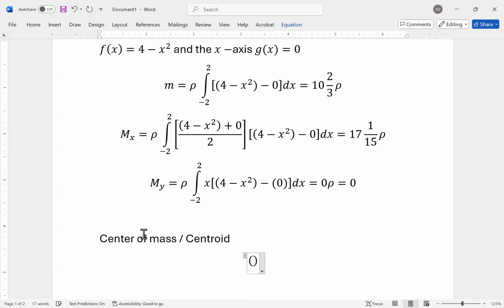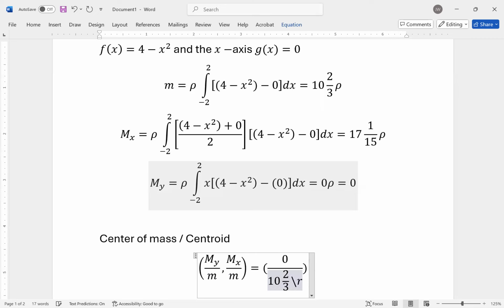So the x value is going to be determined by m sub y, the moment about the y-axis, divided by the mass. The y value is going to be determined by the moment about the x-axis divided by the mass. In my case, that is going to be 0 divided by 10 and 2/3 times rho.